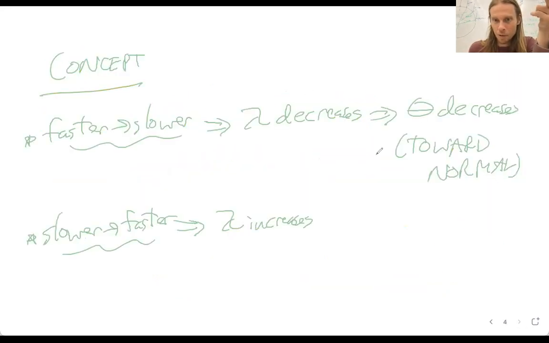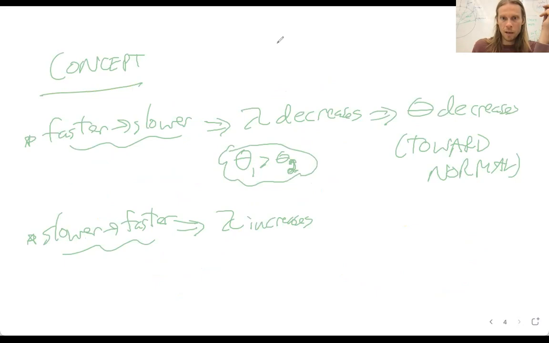So here, toward the normal, theta 1, the incident angle, is in the faster medium, so it's bigger than theta 2. Faster to slower means it does this. Faster, slower, theta 1, theta 2.